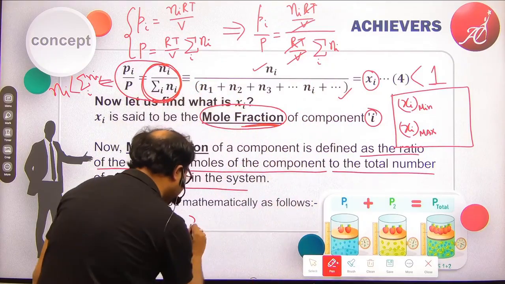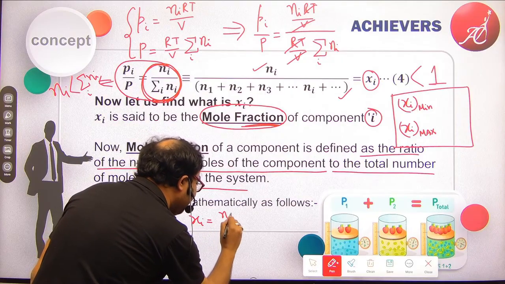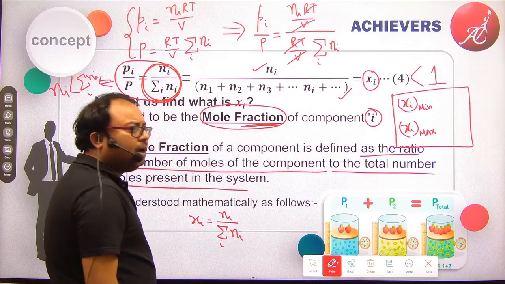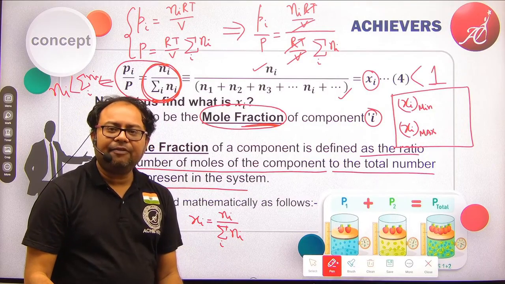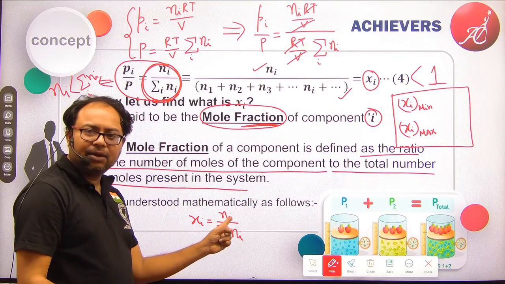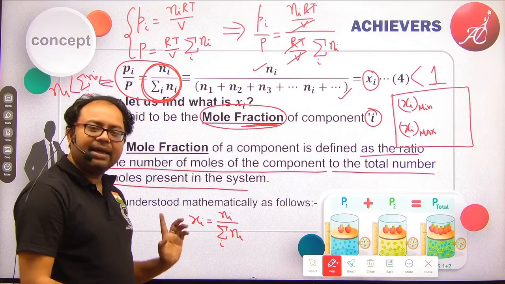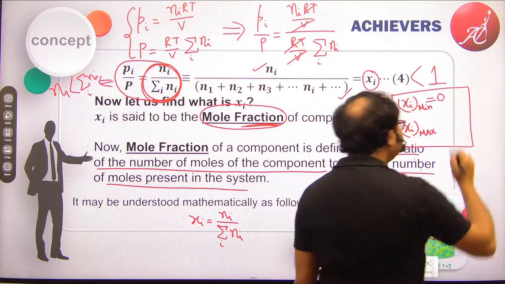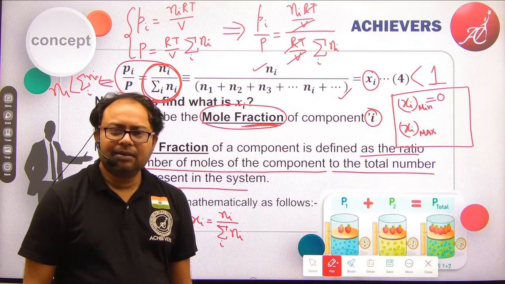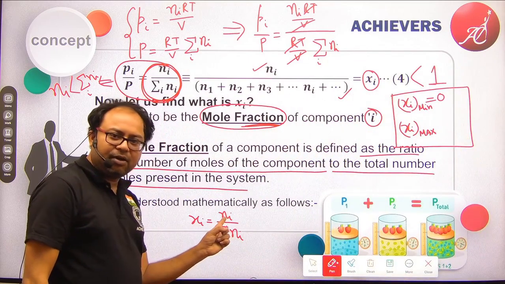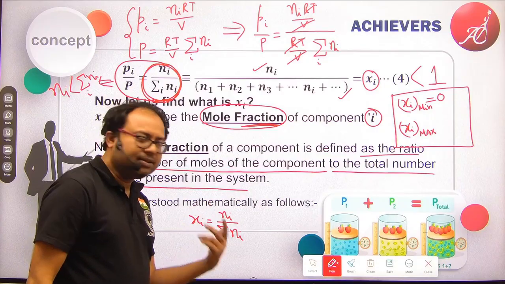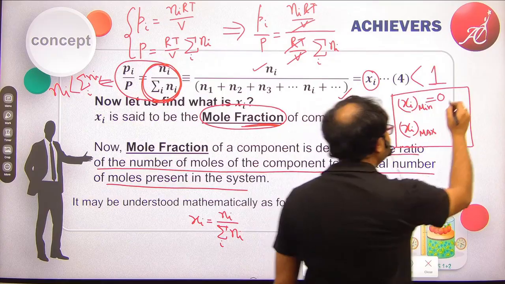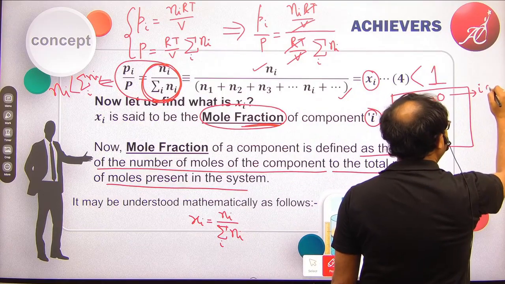At first let us write xi equal to Ni by summation over Ni. Now if I is absent, Ni is 0. If Ni is 0, xi is 0. So this is the minimum value. If the numerator of a fraction is 0, then the entire fraction is 0. So this interprets the situation where I is absent.